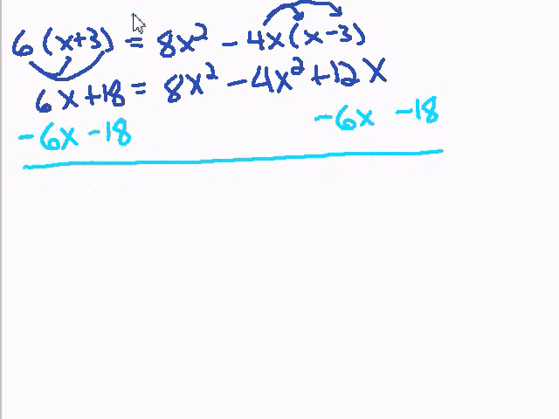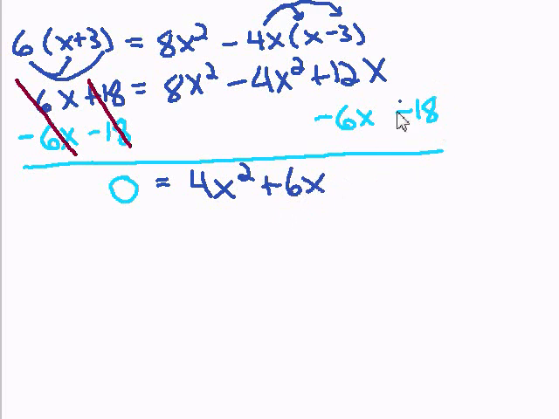This leaves me with 0 on the left-hand side, because the 6x and negative 6x and 18 and negative 18 cancel, leaving me with 0 equals 8x squared minus 4x squared gives me 4x squared, plus 12x minus 6x gives me plus 6x, and my last term is minus 18.